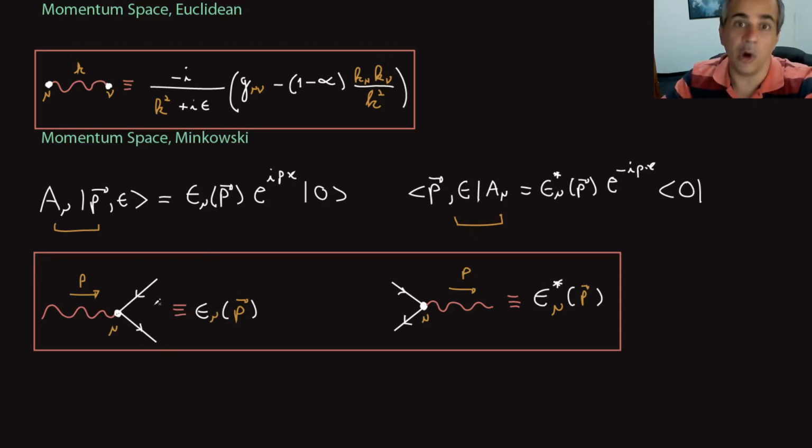The one I'm drawing here is the electromagnetic one, but it could be any interaction. You always must have a field there to annihilate the incoming photon, so there's a Lorentz index for the vertex, and of course the momenta. And for the outgoing photon, you get epsilon star if your polarization is complex, otherwise you can forget this star.